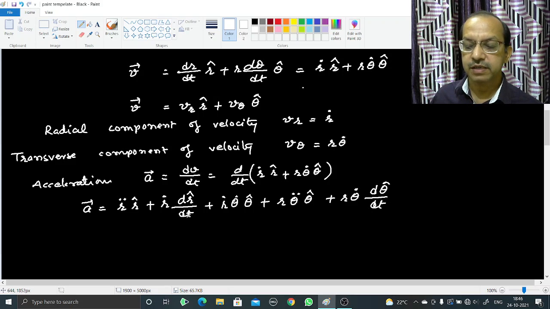Now I have to calculate dr cap over dt and d theta cap over dt. What were r cap and theta cap?